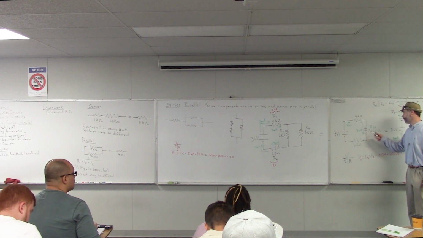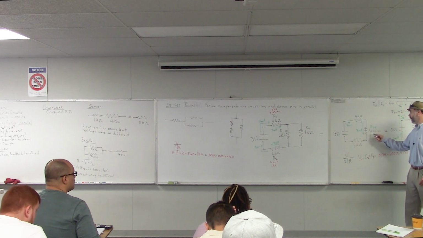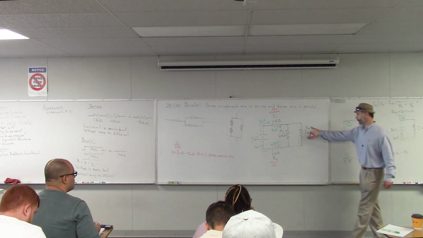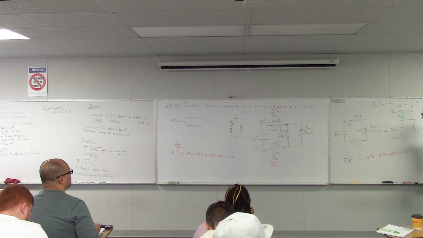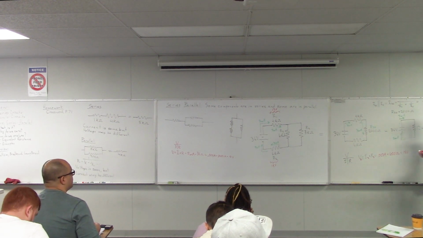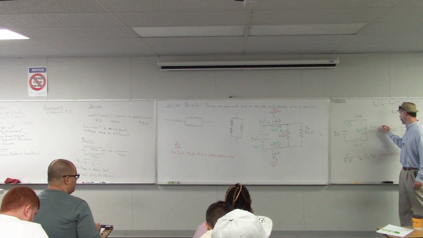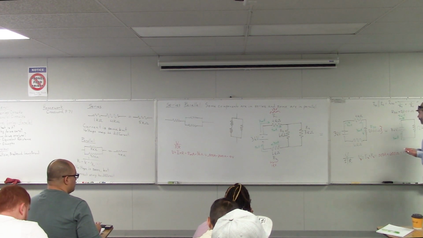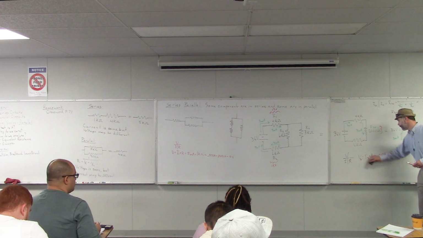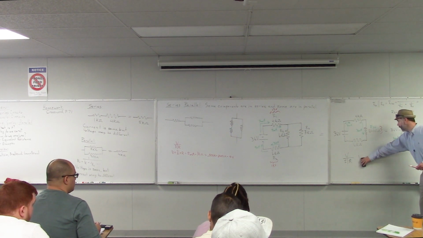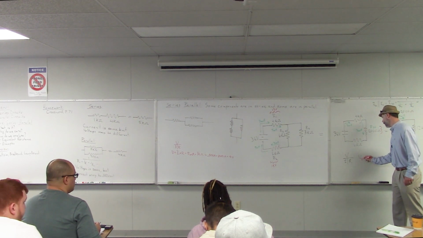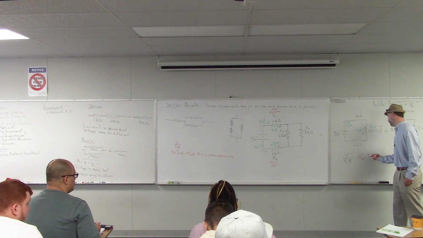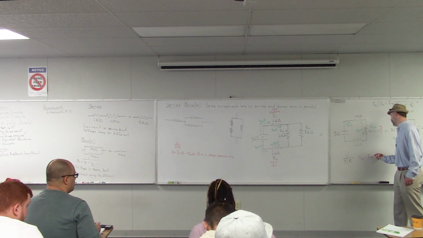So we know that current, and we know that together those have an equivalent resistance of 2,000 ohms. So we can use that to find the voltage across those. So we would say that the voltage for R34 is I34 times R34.